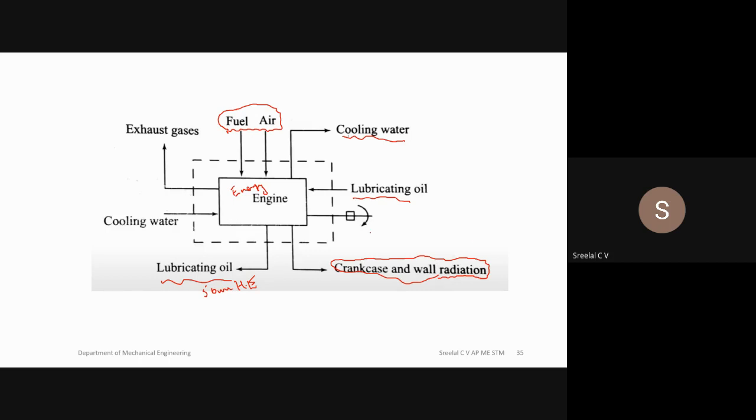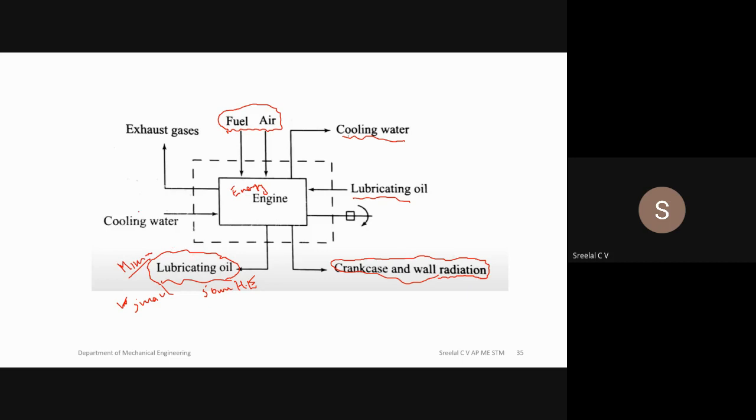Except for the fuel, the others are taking out the heat energy from inside the engine. Here we are neglecting the lubricating oil, because the heat energy absorbed by the lubricating oil is very, very small.